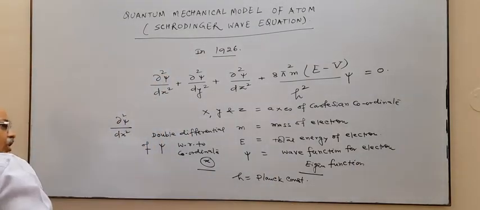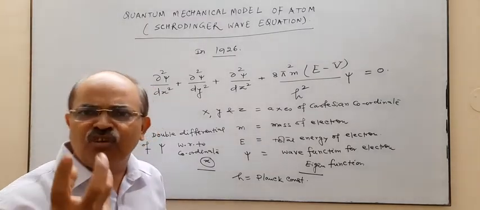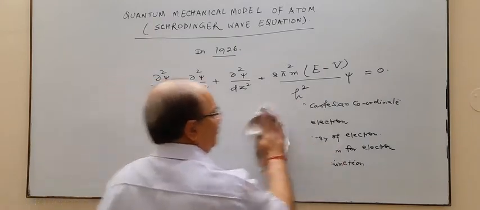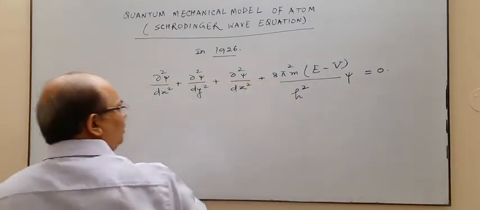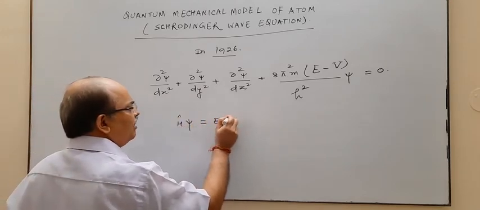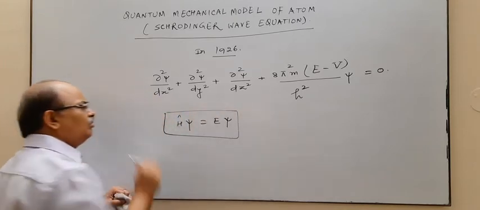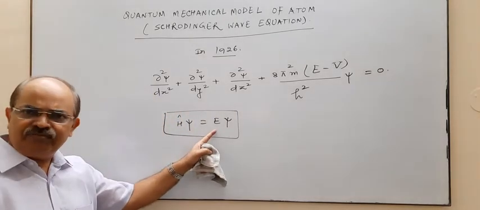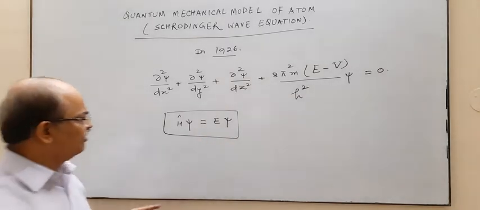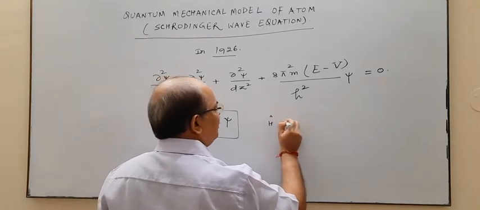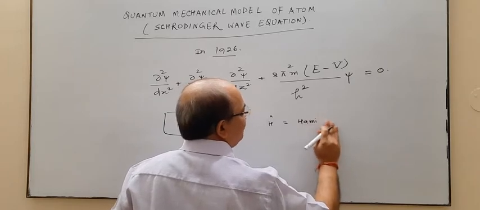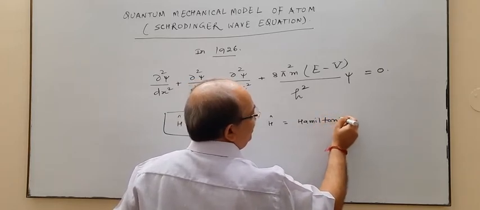Now this Schrodinger equation, in very short form, we can also write as H cap psi is equal to E psi. Here E is again energy and psi is the electron wave function. This H cap stands for the Hamiltonian operator.